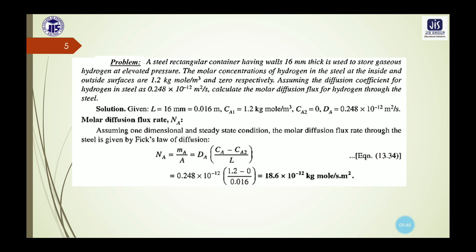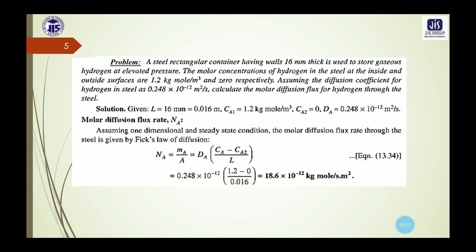Assuming the diffusion coefficient for hydrogen in steel as 0.248 into 10 to the minus 12 meter square per second, calculate the molar diffusion flux for hydrogen through the steel.